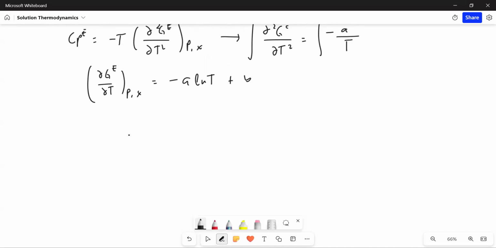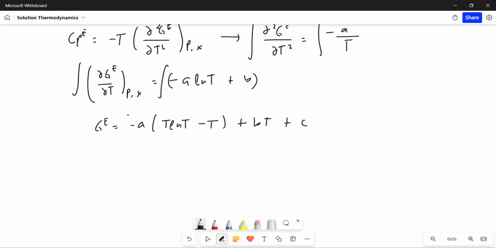Next, we integrate it once again. Let's integrate that once again, and I'll skip the details on the integration. Please just review your integration lessons. So that's T ln T minus T plus our integration constant multiplied by T plus C, which is another integration constant.